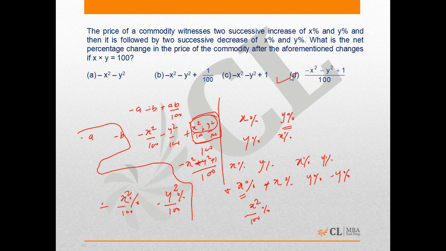And now if we see the options, the first option is minus x square plus y square, and the second option is again minus x square plus y square plus 1 upon 100. The third option is minus x square plus y square plus 1.